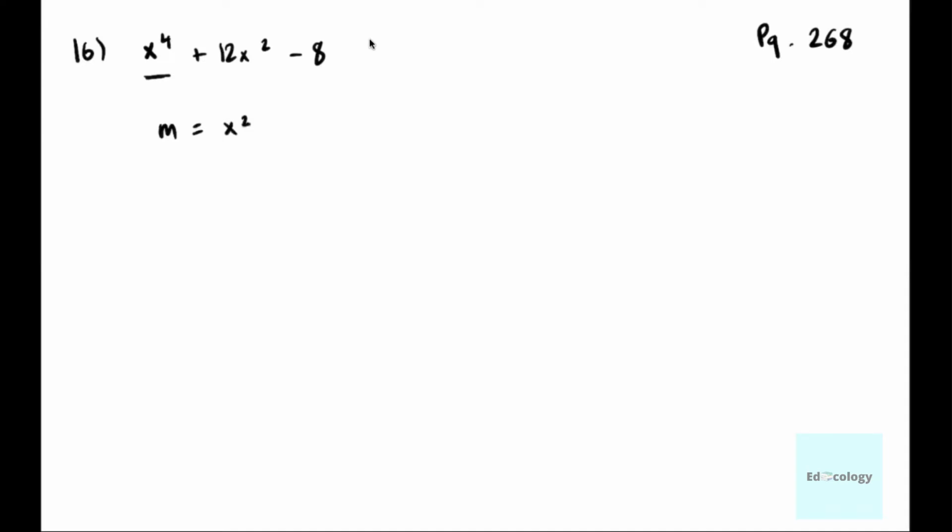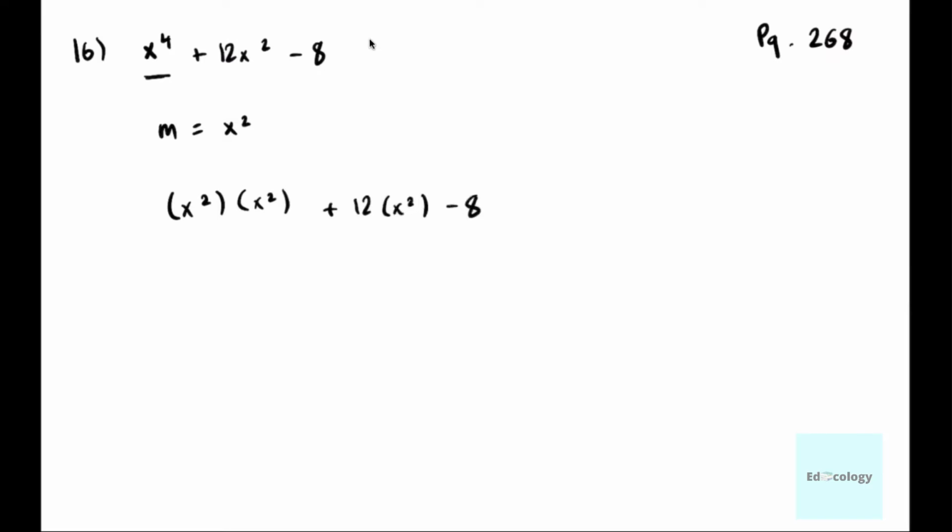Okay, so now I've written another variable for x squared, so I can replace x squared with this variable. So we know that x to the power of 4 is x squared times x squared, and 12 is times x squared minus 8. The constant stays the same, the coefficient stays the same.